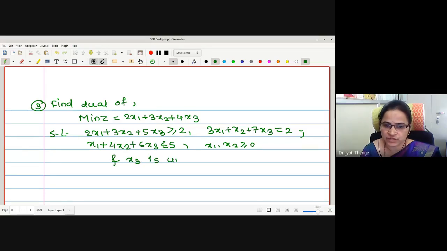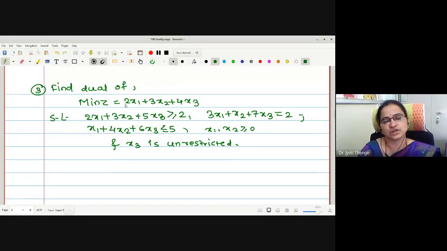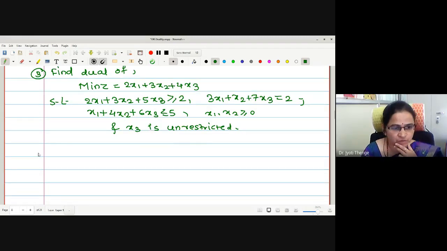Okay, here it is given that x3 is unrestricted. Also, the objective function is minima, so we have to convert it to maxima. The second constraint is an equality, so you have to replace it with two inequalities. Correct now? Let me write one more example for homework.